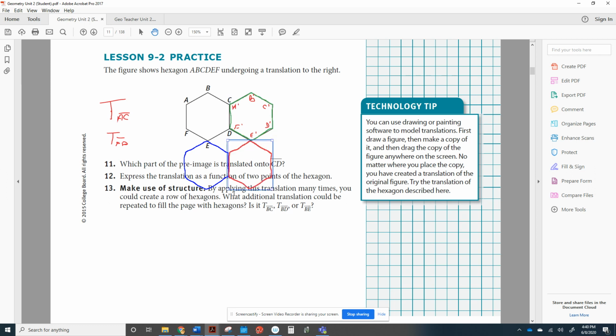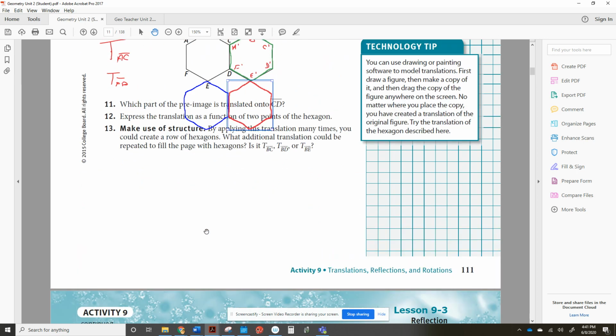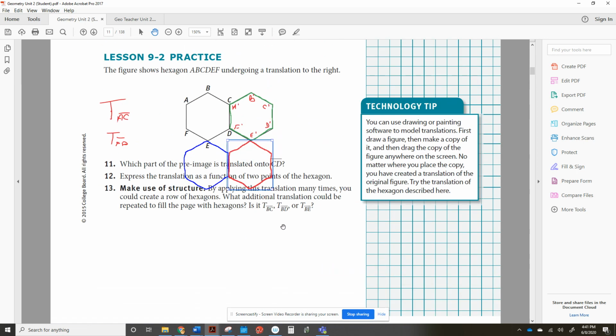So I would get a row of hexagons, but did you notice that there's this empty space in between here? So I've got hexagons, but then I'm going to have a row of diamonds that are going along too. So while it does make a nice little pattern, to do what it said, fill the page with, they should have been more specific and said non-overlapping hexagons. That's what we needed. All right, that's it for 9-2.